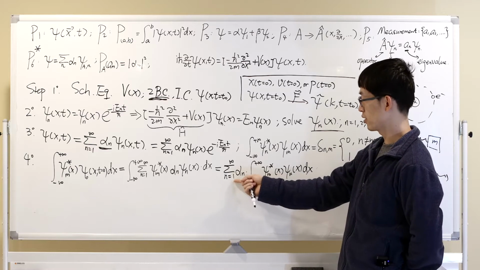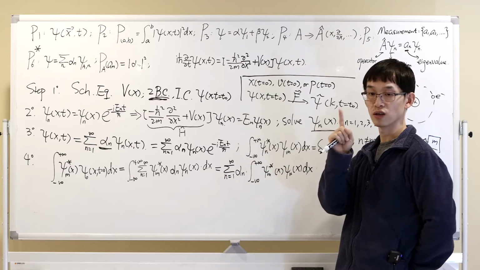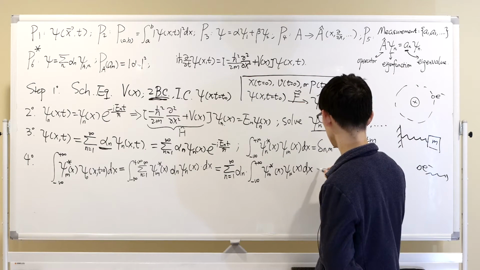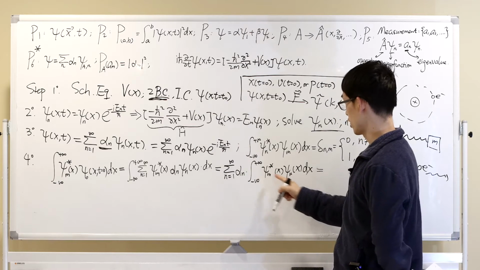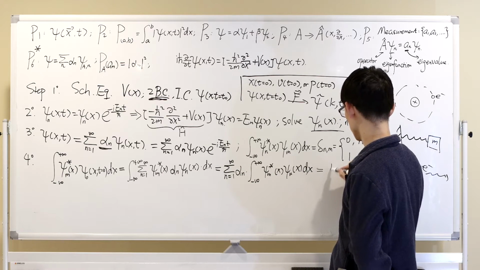So despite having infinity terms, only one of the terms is non-zero, when n equals m, and this is alpha m.